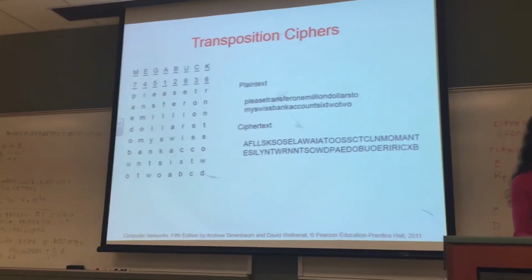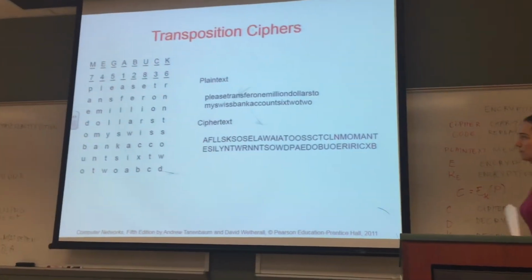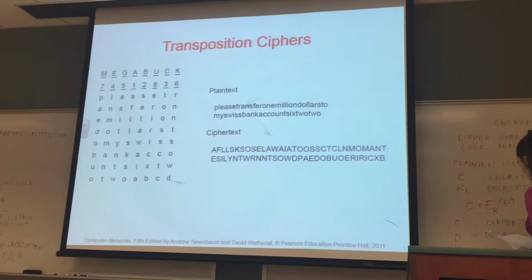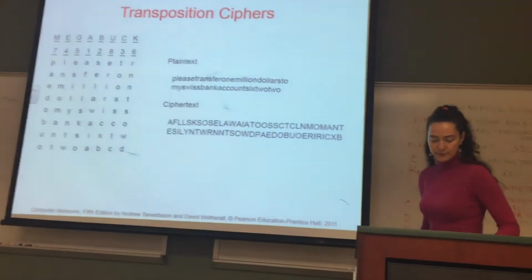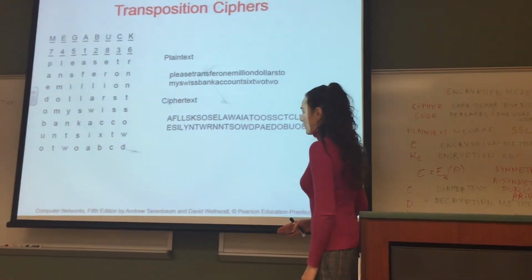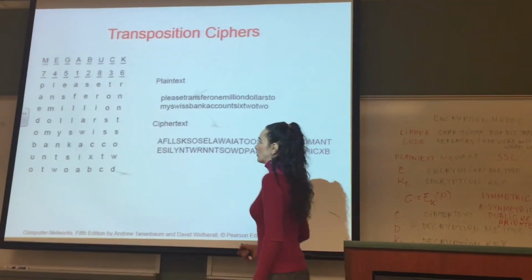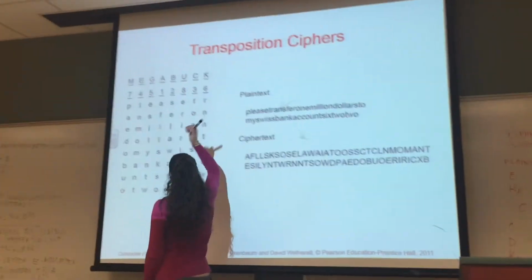Another cipher is called a transposition cipher. It's a little bit more advanced. This transposition cipher will reorder the letters instead of trying to disguise them. There's going to be a key, which is a word that should not have repeating letters in it.